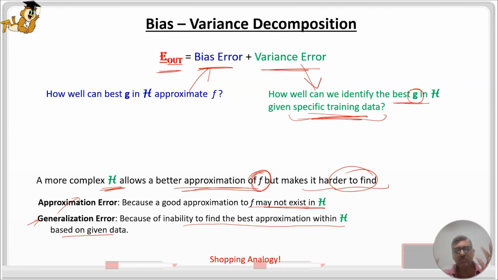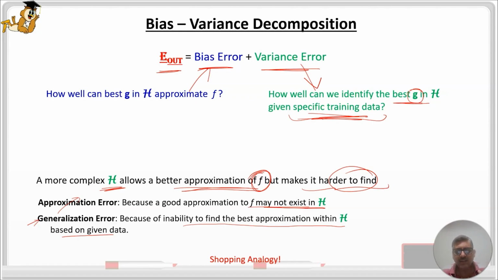So that would be an example of a variance error. You walking out with a different dress from what you wanted in the first place, but not being able to zero in based on the data that was presented to you after you entered that large shop. So that is the variance error.